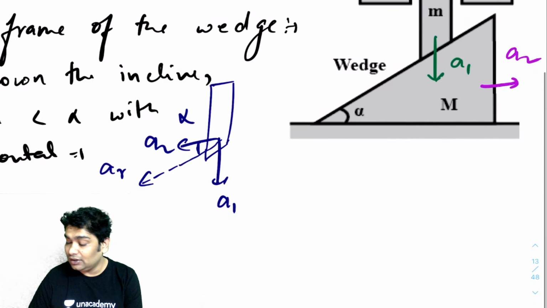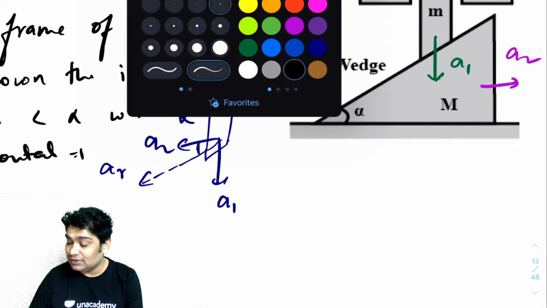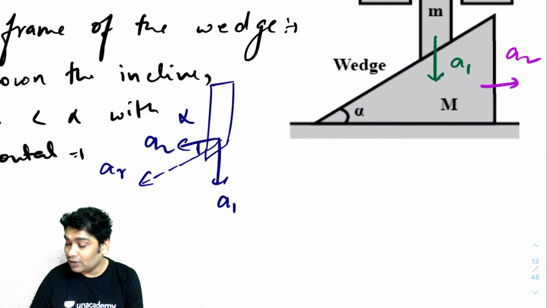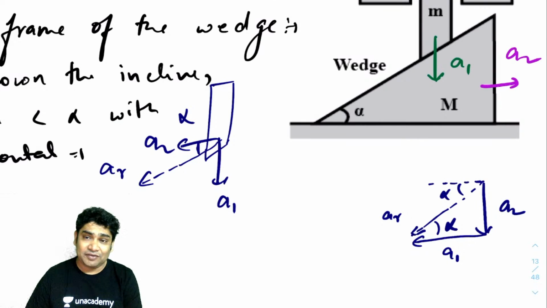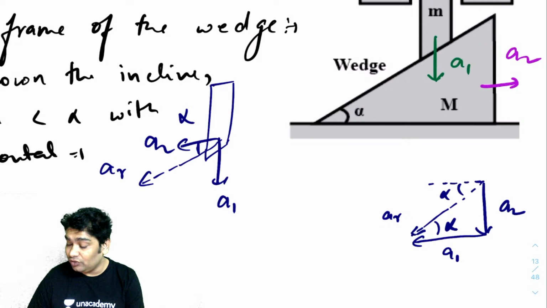I know that I had two accelerations. Here was A2, here was A1, and the vector sum of these is AR. Since this was alpha, this would also be alpha. So what I can see from this vector triangle is that tan alpha would be equal to A2 over A1.